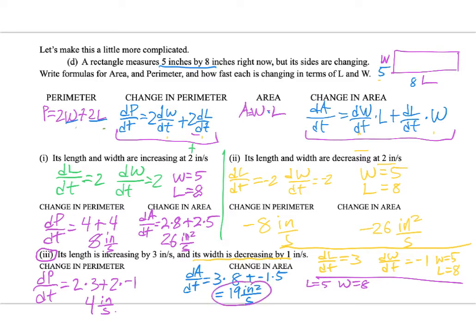So this is actually the answer for this. And for my original values, which I did not do correctly, we've got dA/dt is going to be 3 times 5 plus negative 1 times 8, there we go, which is 7 inches squared per second.